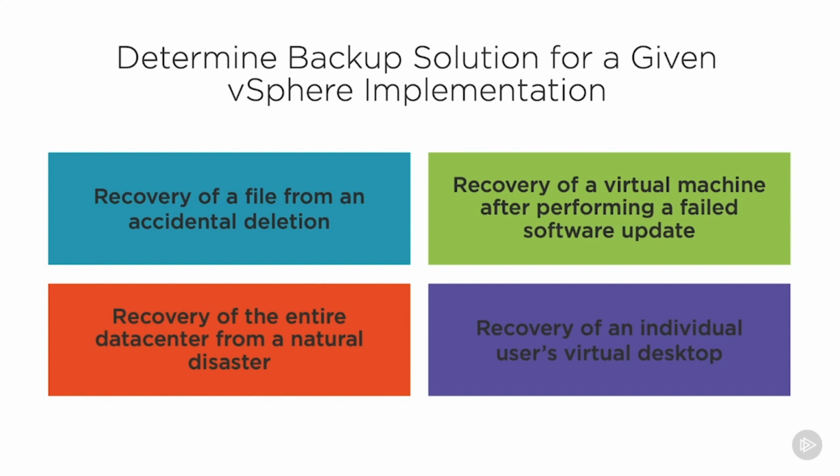So let's say that you need to get one of those virtual machines back. Well, if you aren't performing backups of the virtual machine ahead of time, that's going to be rough. It's unlikely that you're going to be using vSphere Replication or Site Recovery Manager to replicate an individual user's virtual desktop. So in that case, your fallback tool is going to be a tool like Veeam Backup and Replication.